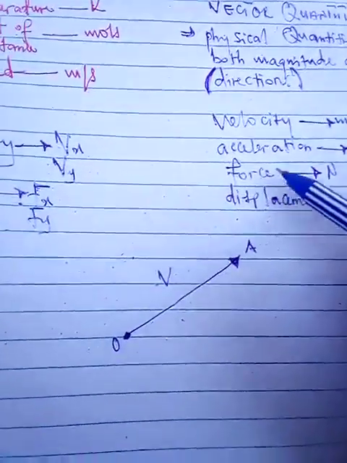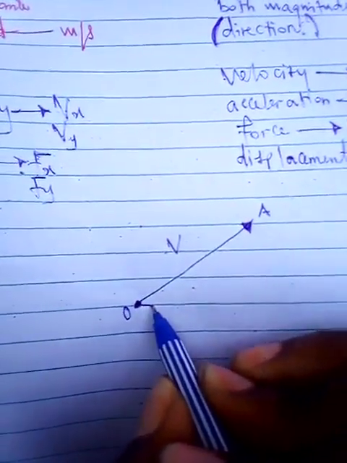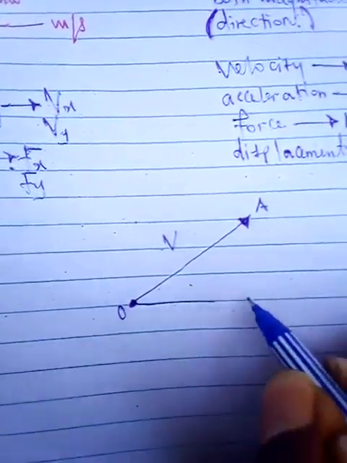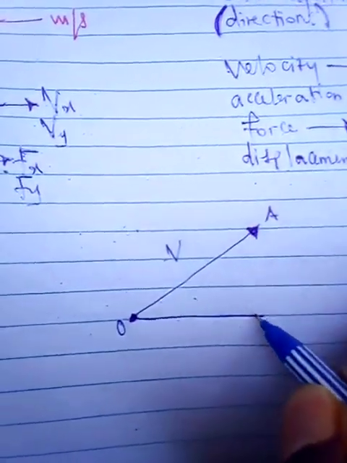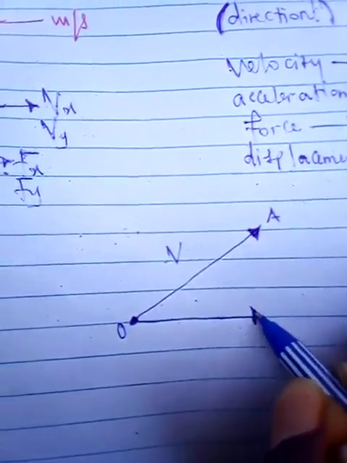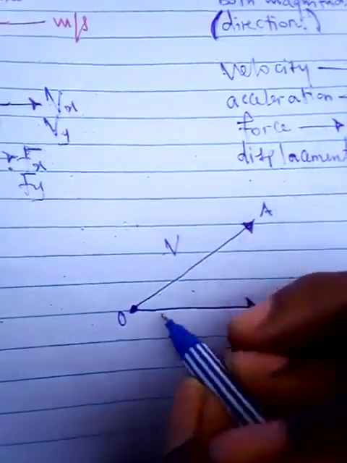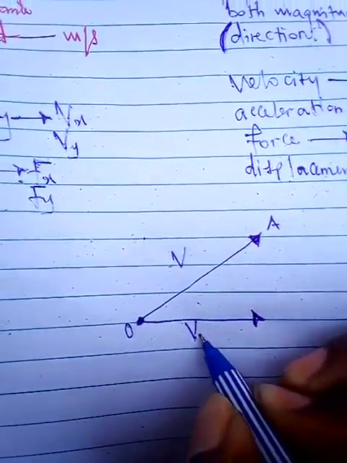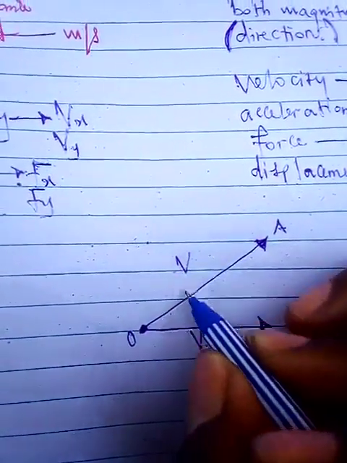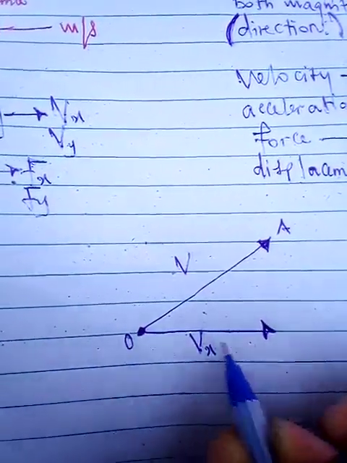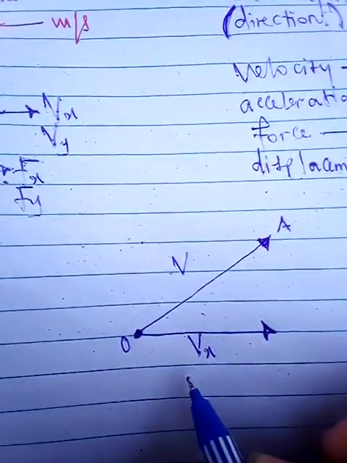Alright, now you're going to notice that there is an X path that can be taken here. This X path just beneath this V component can be termed as the Vx, which means that the velocity V here, or the vector V here, its X component is being expressed horizontally, that is Vx.